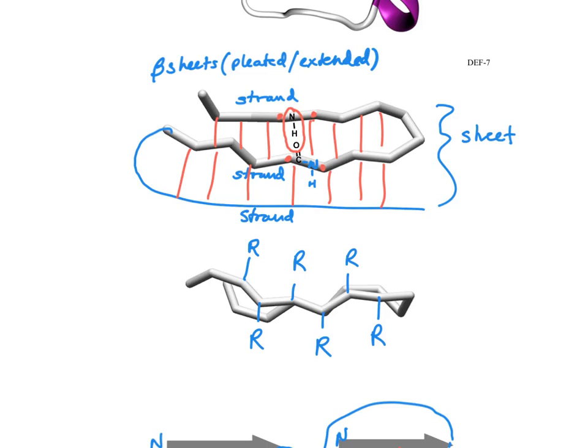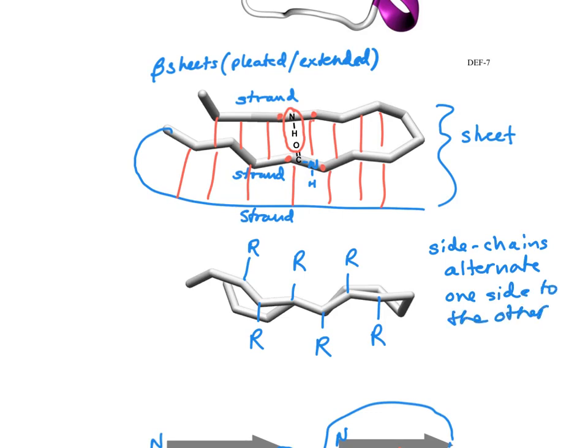And that's worth a little note here, and that is that side chains alternate from one side to the other of the sheet. Now, we're going to make use of that fact as well.